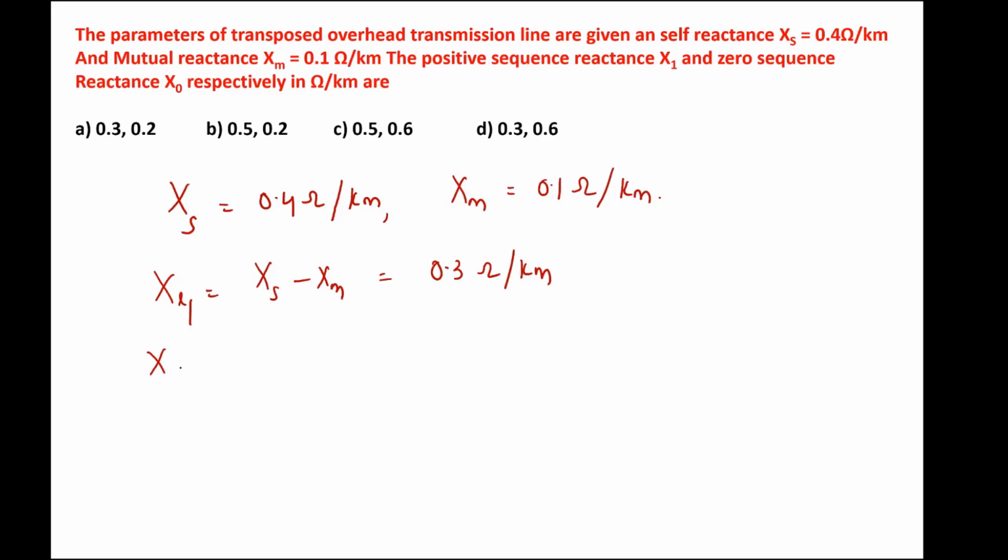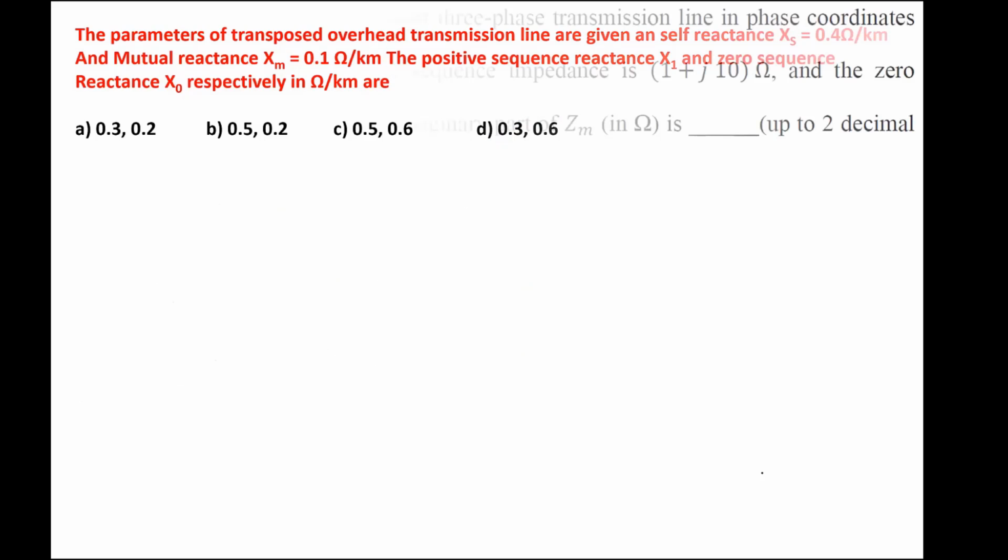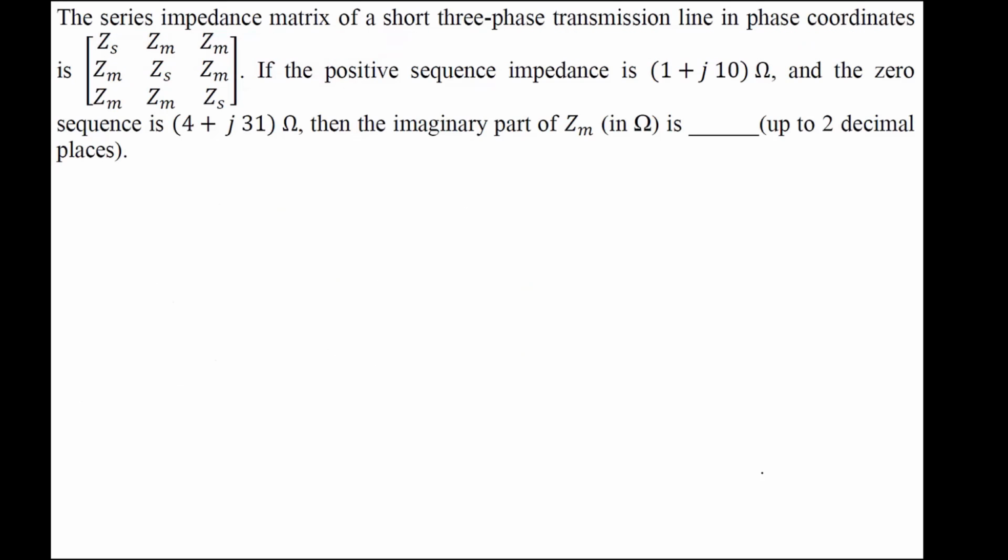Similarly, XL0 is equal to XS plus 2XM, whose value will become 0.6 ohm per kilometer. So simple straightforward question where option D is the right option. Understand? So this is GATE 2018 or 19, I don't remember this question. Now try to tell the answer for this one.